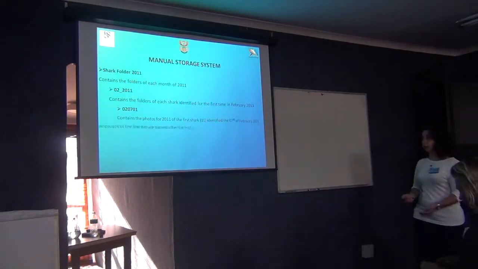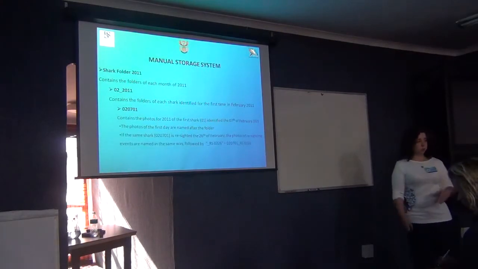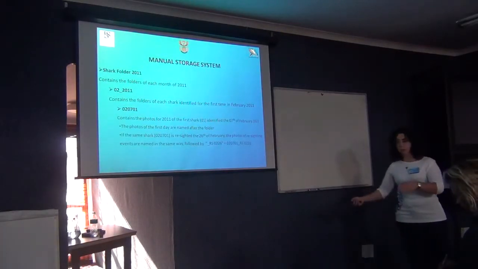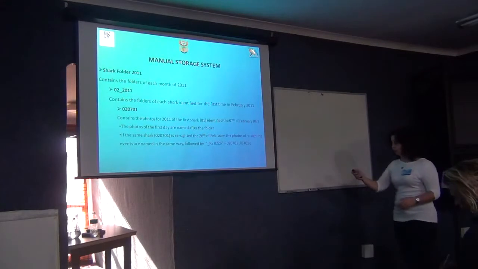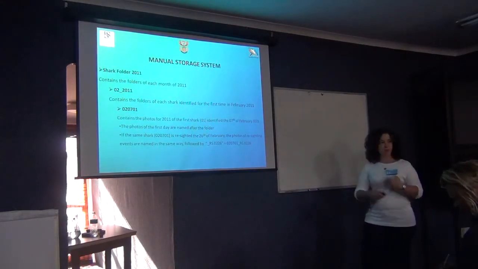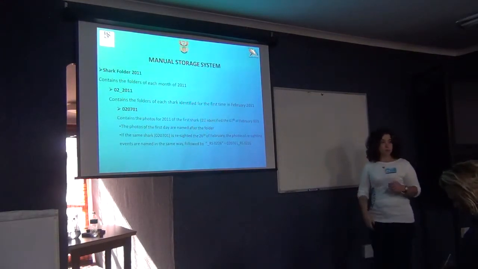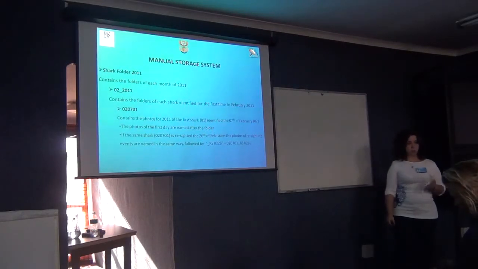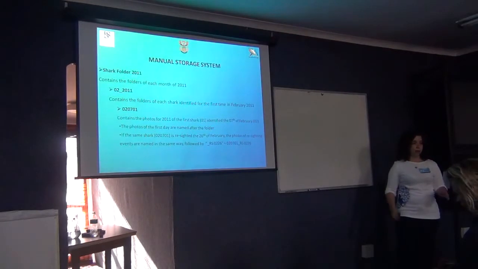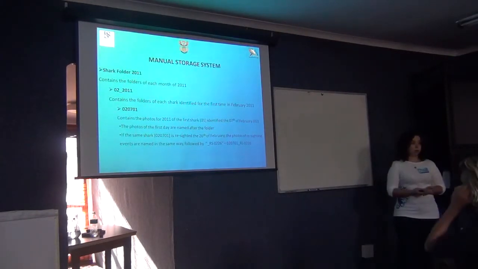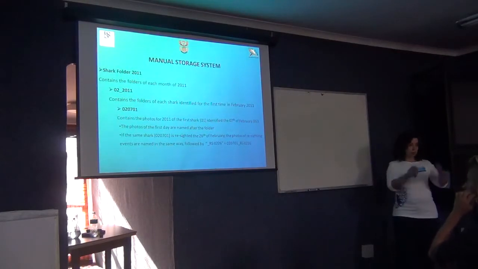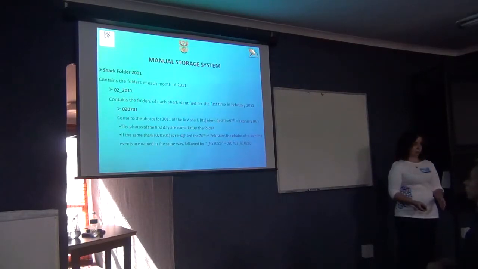If I recapture the shark again, I name the photos with an RS, resighted, 0226. That means that on the 26th of February, I resighted the shark. That also means that when I want to see which sharks I resighted in February, I have just to search in my window RS02, and I have all the sharks I resighted in February.